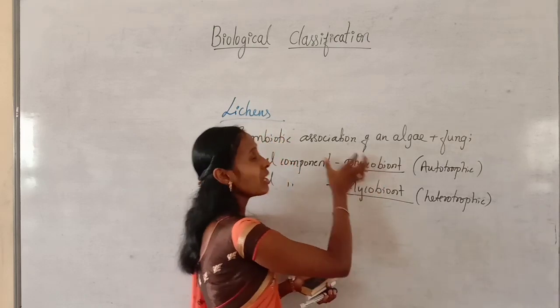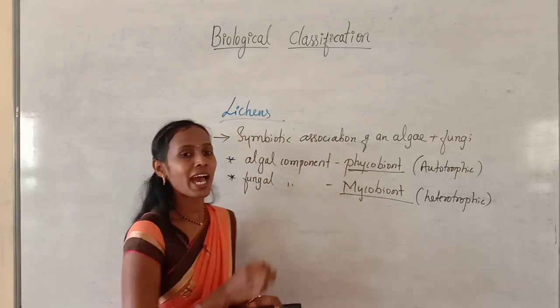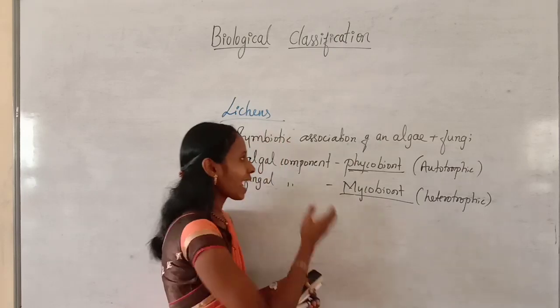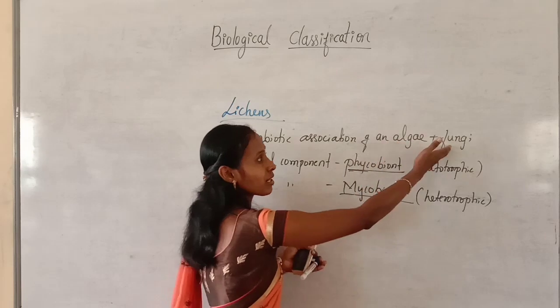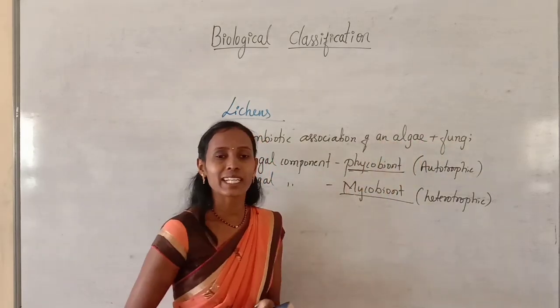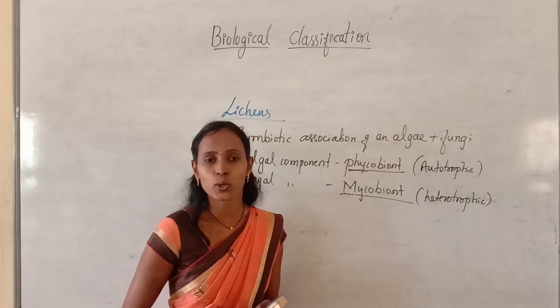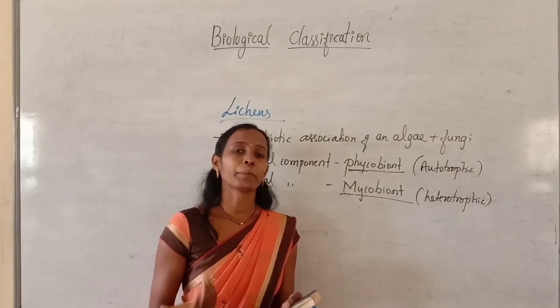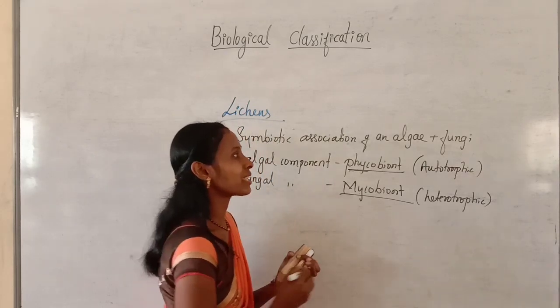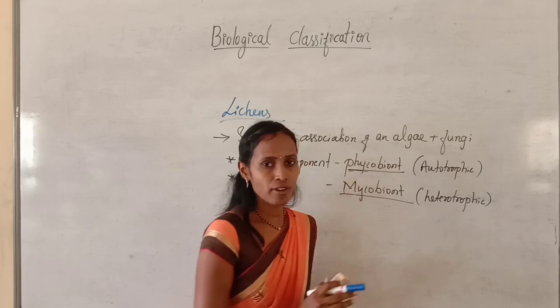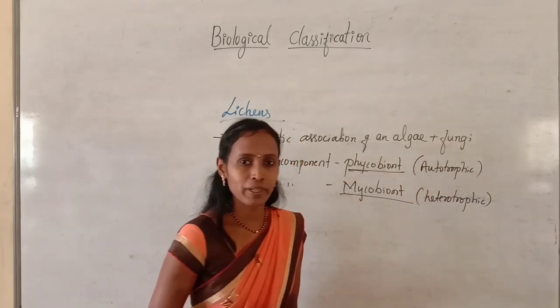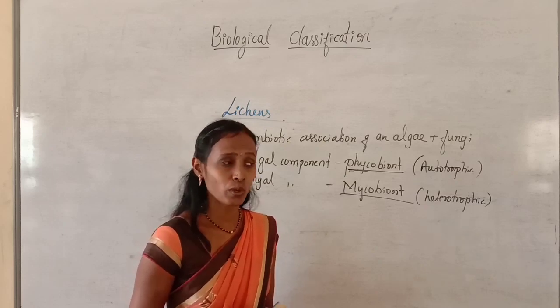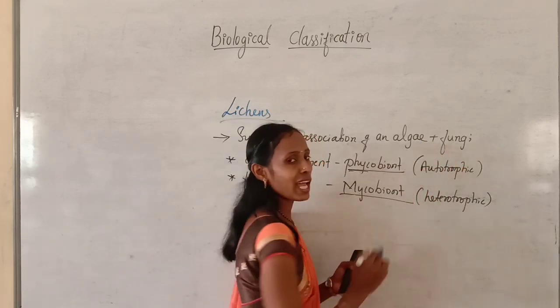Similarly, in these lichens, the algae can prepare the food, and that food can be provided to fungi. So how is algae helping the fungi? This algae contains photosynthetic chlorophyll pigment so that it can prepare its own food, and that food can be provided to fungi. And what will the fungi do? It cannot prepare its own food because it is heterotrophic and it is dependent on algae.